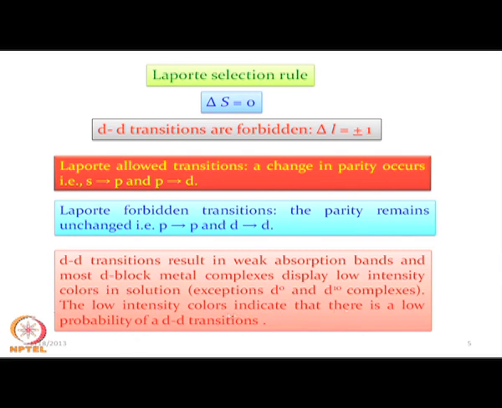The low intensity colors indicate that there is a low probability of a d-d transition. That means the probability of transition is very low, and we therefore get a very low value of epsilon max, and the transition moment integral is also very small.